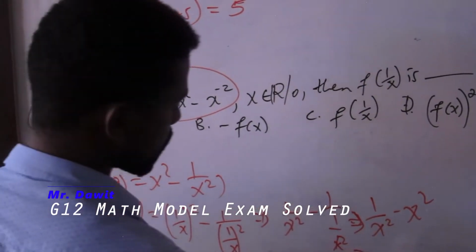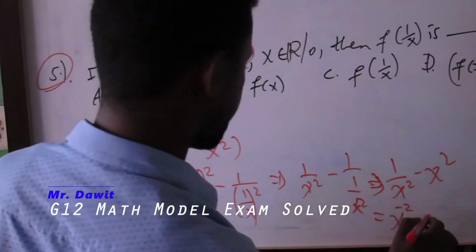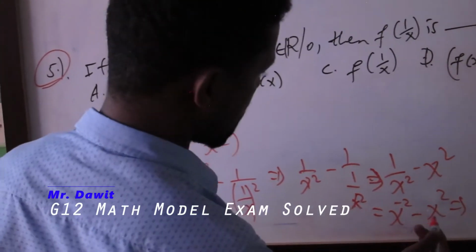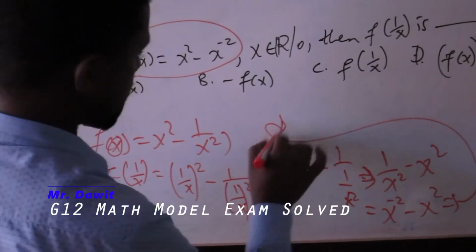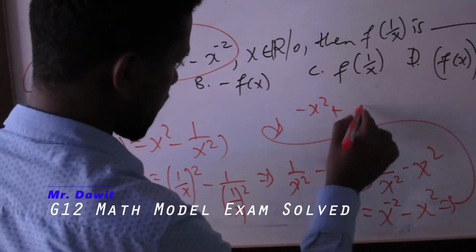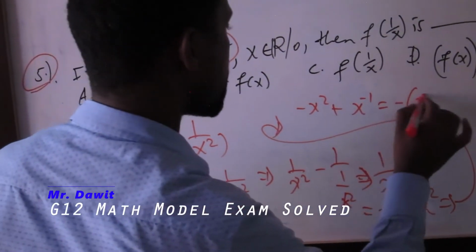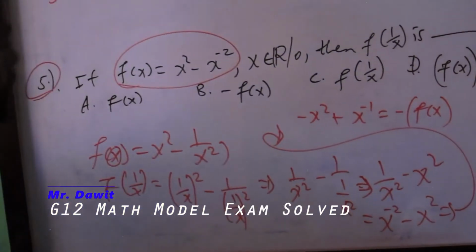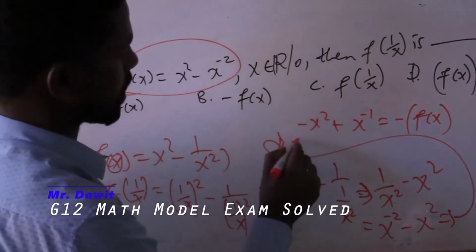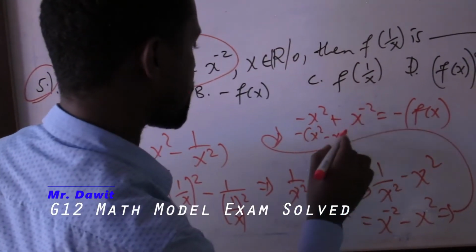So this is equivalent with x to the power of negative 2 minus x squared. This means equivalent with the negative of x squared plus x to the power of negative 2, which is equivalent to the negative of f of x, right? Because x squared minus x to the power of negative 2, and we consider the negative of x squared minus this, becomes negative 2.